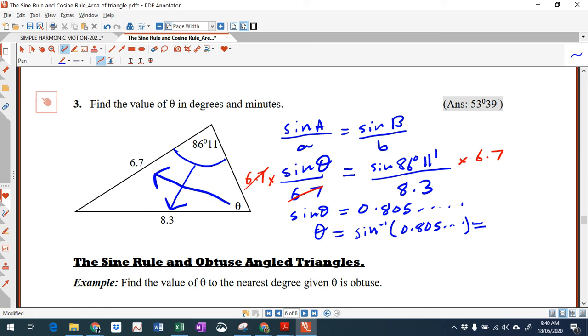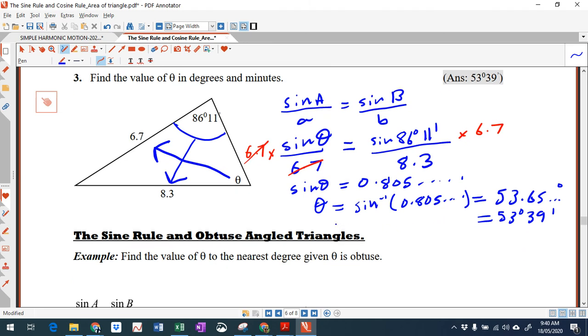So shift, inverse sine, answer, close bracket, and you should get 53.65 degrees. Now press the degrees, minutes, seconds button again. You get 53 degrees, 39 minutes. Okay.